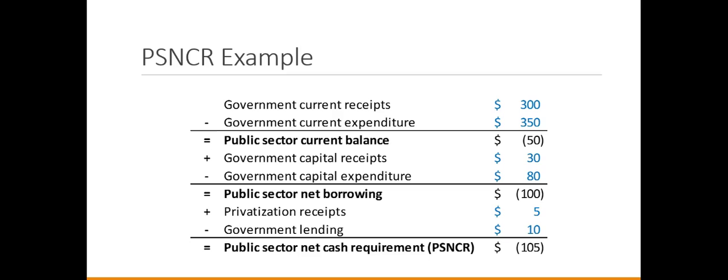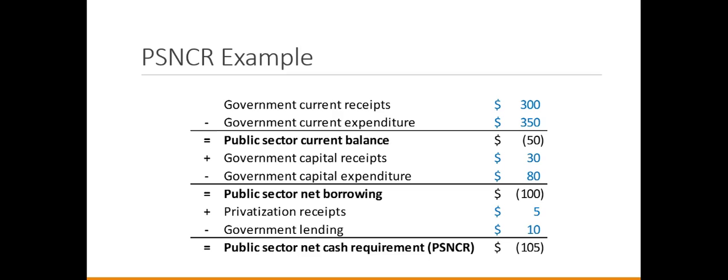And now we'll see an example of the public sector net cash requirement. In our case, this government has current receipts of $300, current expenditures of $350. So our first calculation, we have a negative current balance of $50. In addition, we bring in $30 from capital receipts, selling buildings, for example.